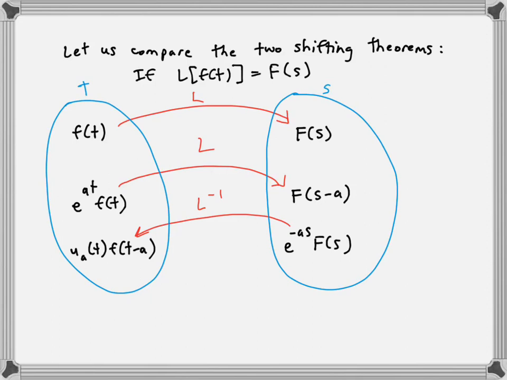Let's write that down here for this one. This is the first shifting theorem. This says the output of the Laplace transform is shifted to the right.